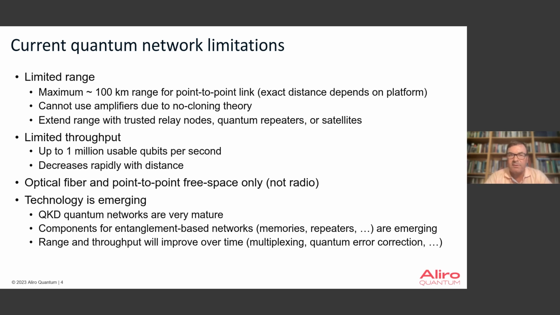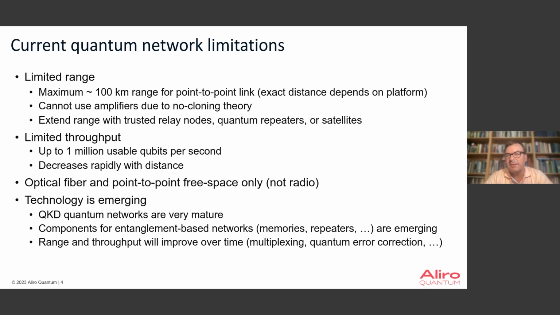The exact limit varies quite a bit depending on many factors, for example, what kind of source you use, what kind of detector you use, or what kind of protocol you use. Some research systems have already achieved 800 kilometers of distance. But 100 kilometers is a more typical maximum distance for currently available commercial products, and that's the number that I will use in today's seminar. Beyond 100 kilometers, you need trusted relay nodes, quantum repeaters, or satellites.